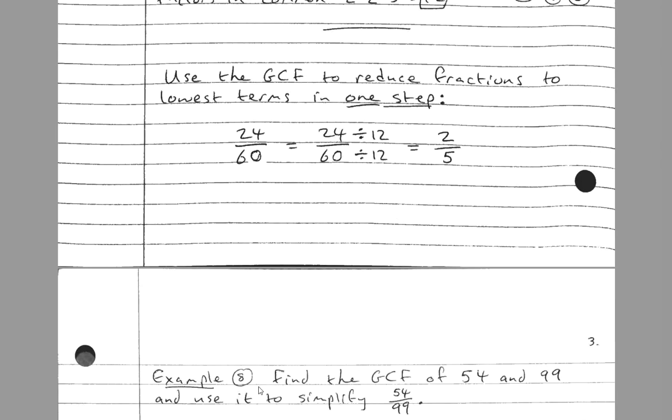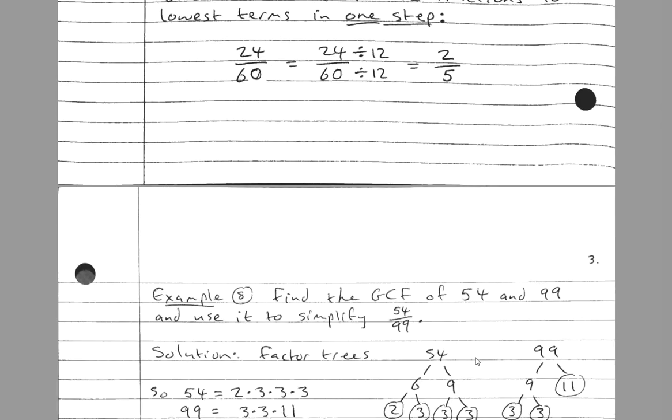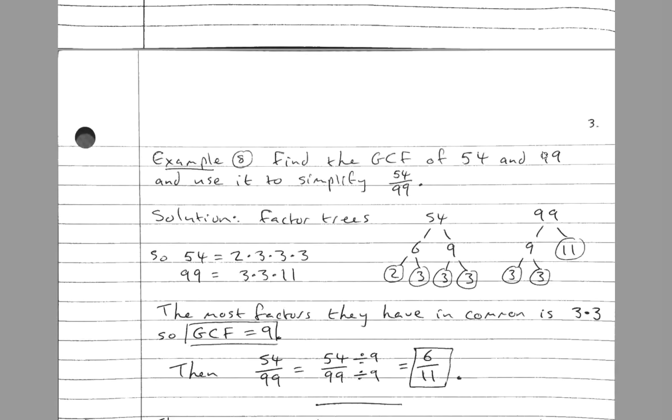Okay, an example of that. Find the greatest common factor of 54 and 99 and use it to simplify 54 99ths. Okay, so let's do it using our prime factorization method.